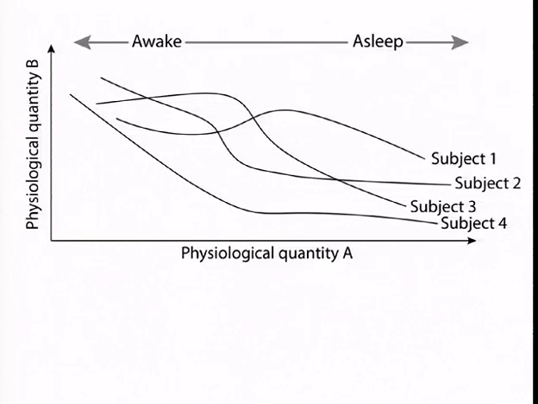And we expect to see different trajectories for different individuals, because we know that different brains are different, and there's a tremendous amount of variability even amongst healthy control subjects. But we'd hope to also see some common patterns emerge. So here, for example, we have large values of A being associated with sleep compared to wake.